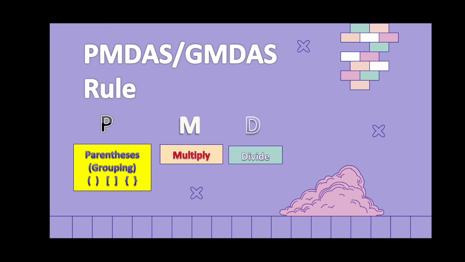Okay? Next is letter A for add. So meaning, we're going to add kung meron namang addition na operation sa given expression. And then lastly, we have letter S for subtract. So magsusubtract naman tayo. So, pinaka-last natin na gagawin ay subtraction.